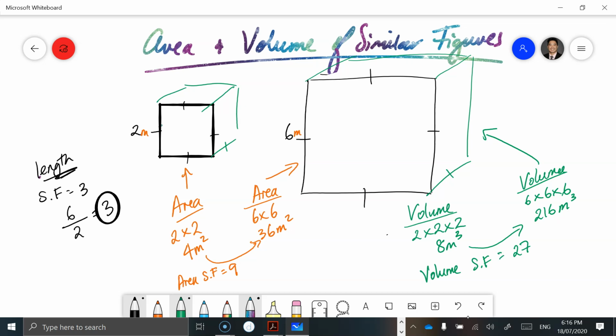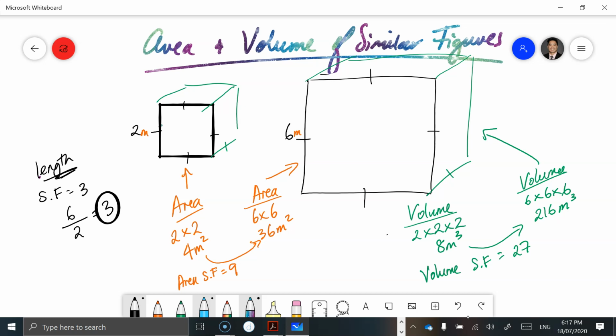So the volume of this cube is 27 times bigger than the smaller one, the area of the face of this square is 9 times bigger than the smaller square, and the length scale factor is 3 times bigger.